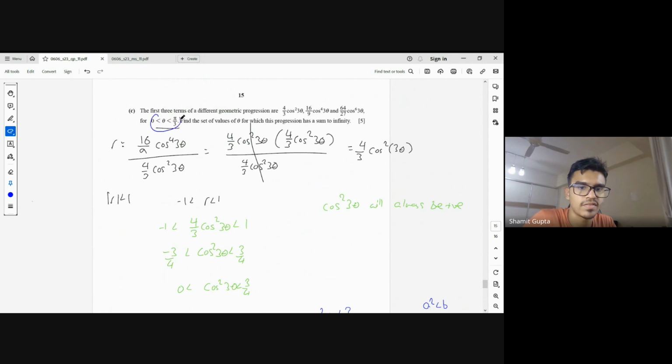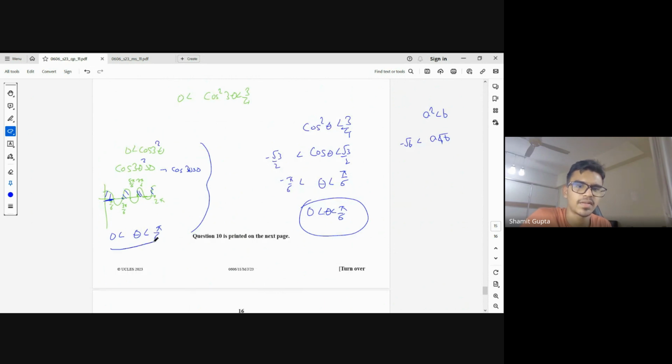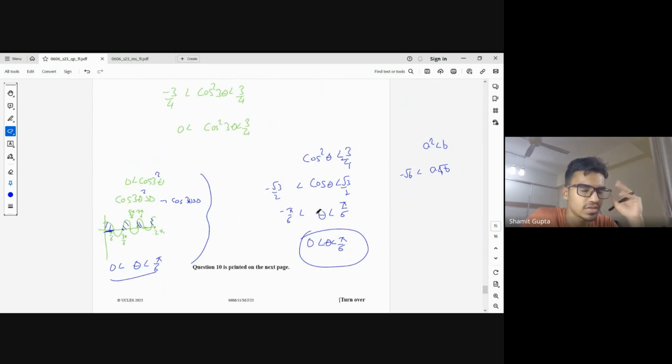Okay, this is what they could have had. This is what we have. But this one, I'm not quite sure if we actually need it. We did end up getting the same answer, but I think that was just a coincidence in this case.